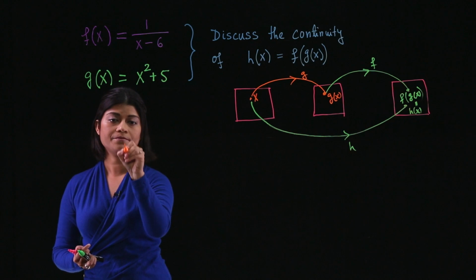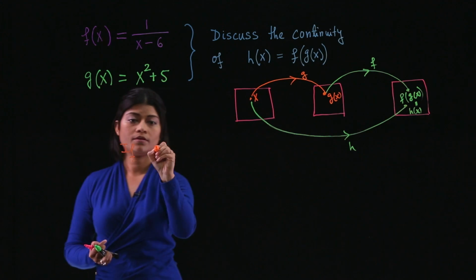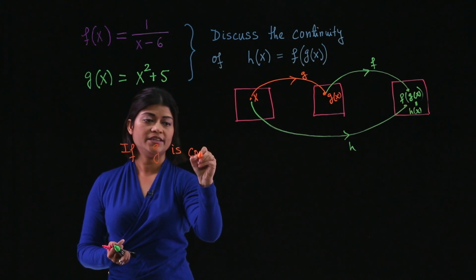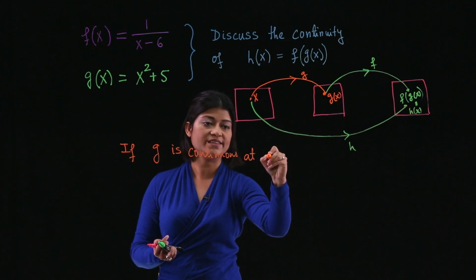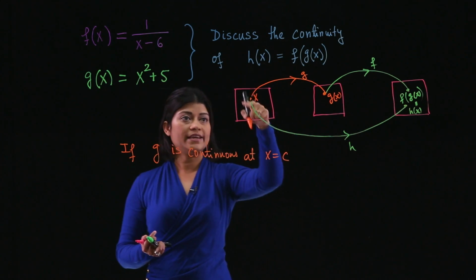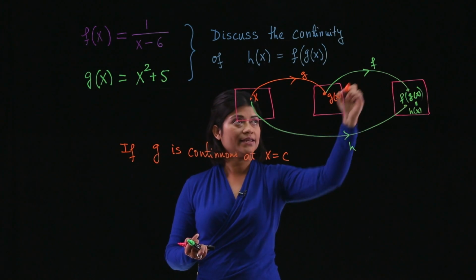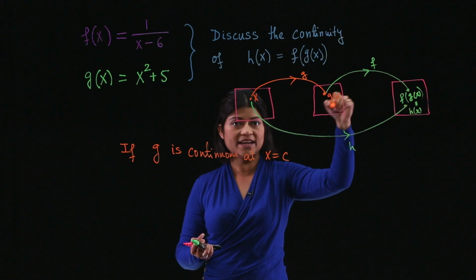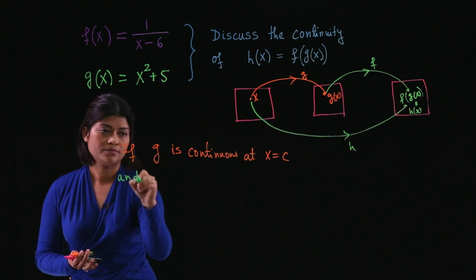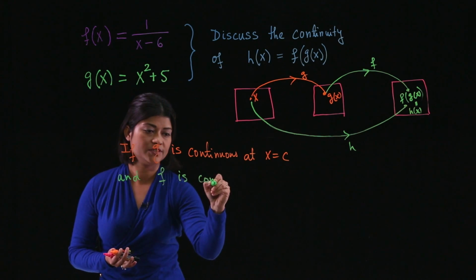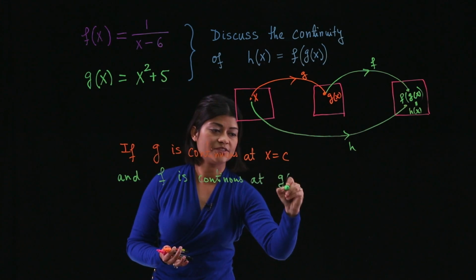Notice that if g is continuous at some x equals c, then we also need the fact that f is continuous at that particular value, g of c.